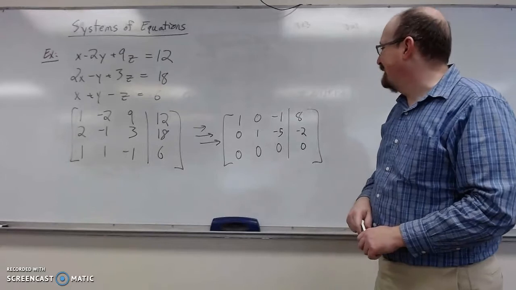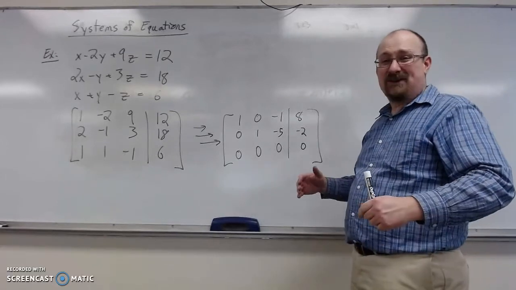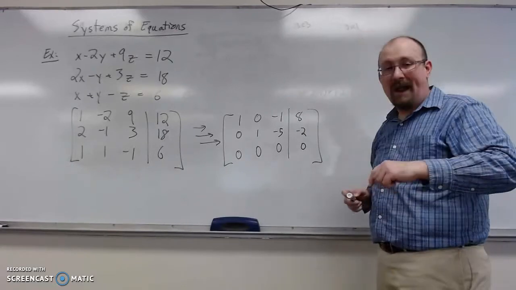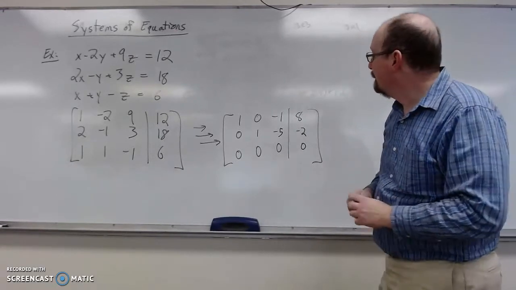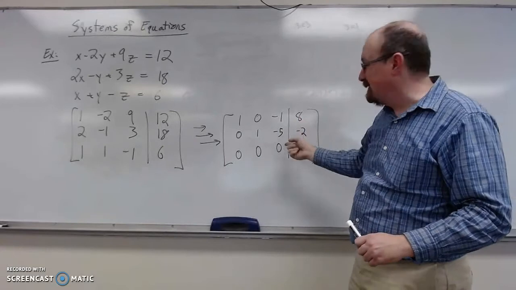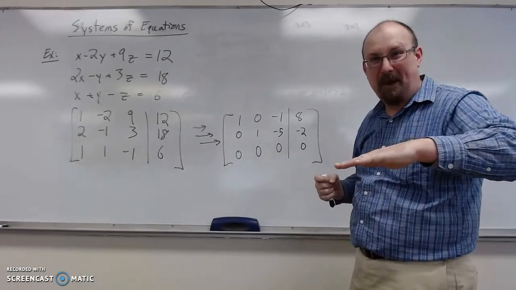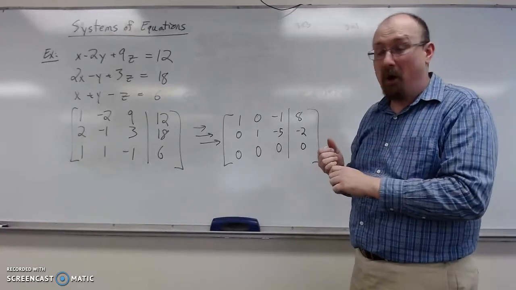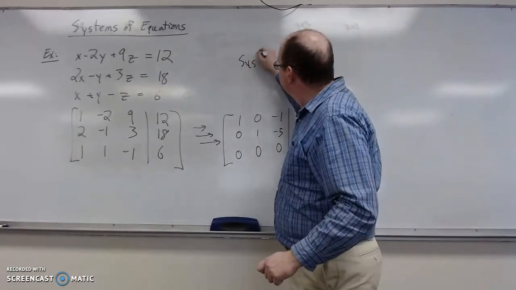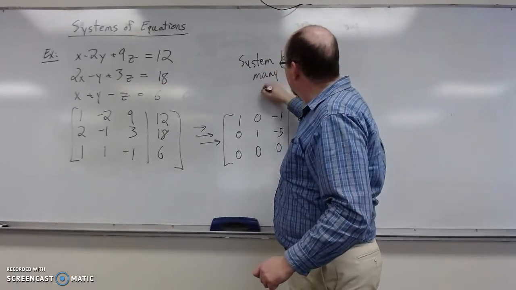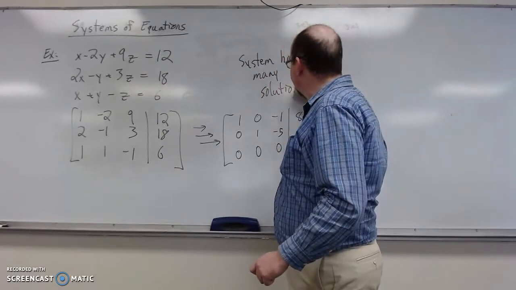So what's ending up happening in this case is we have what's called, pardon me, a free variable here. So this particular system, if this kind of thing happens where you have rows of all zeros at the bottom and none of those blatantly wrong equations, this system actually has a whole bunch of solutions.